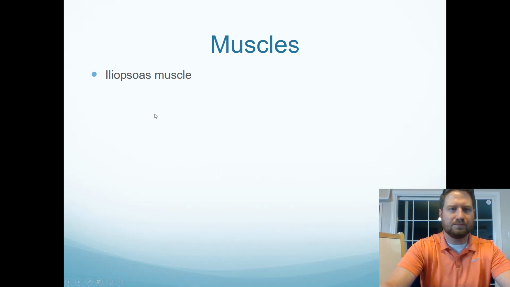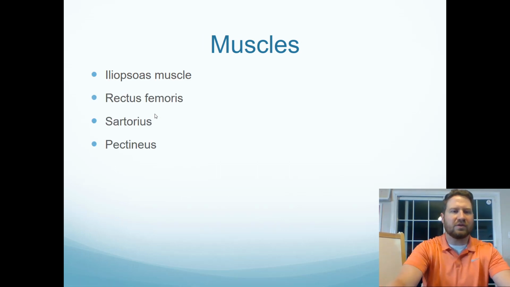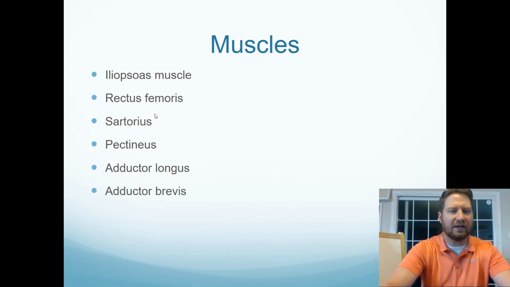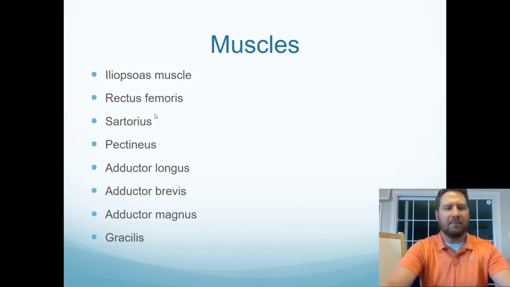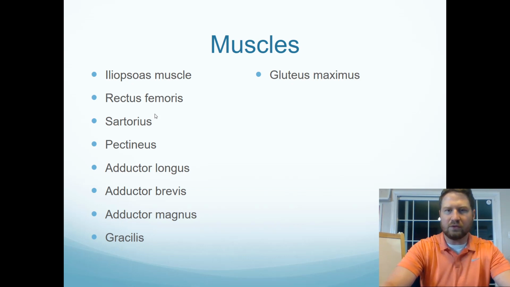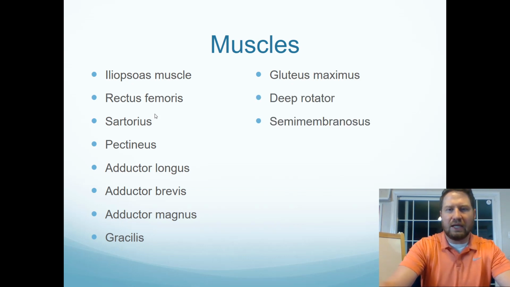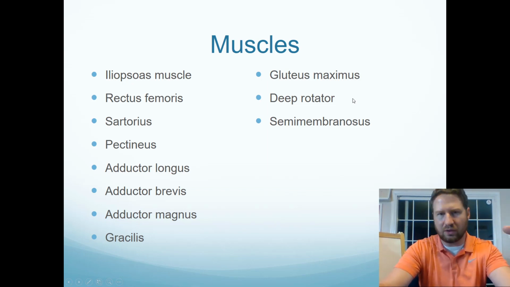So our muscles: we have our iliopsoas muscle, our rectus femoris, sartorius, pectineus, adductor longus, brevis, magnus, our gracilis, gluteus maximus, deep rotators. Again, your deep rotators are your obturator internus, obturator externus, your piriformis, your gemelli, inferior and superior.